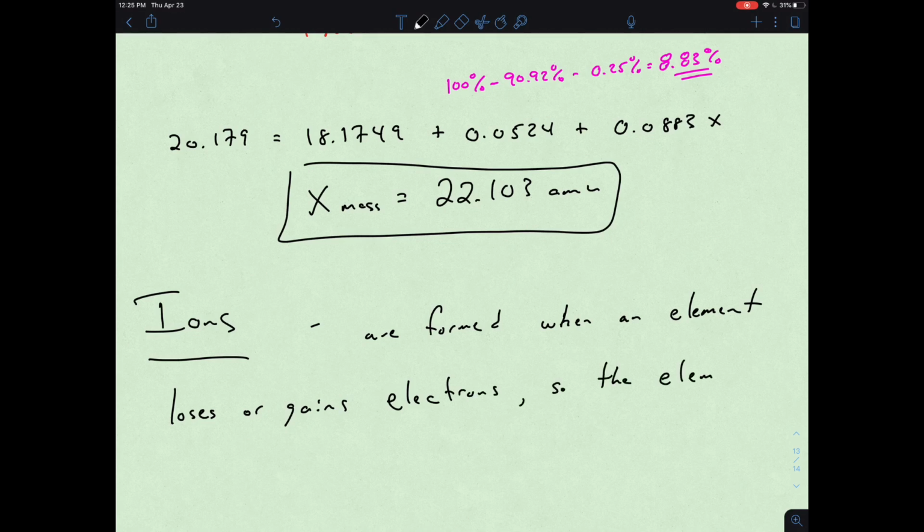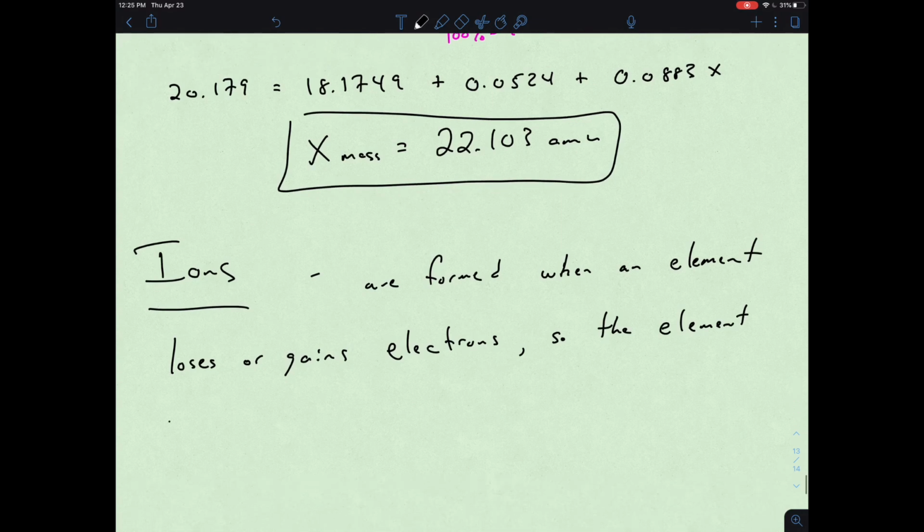So the element is no longer neutral. The number of protons does not equal the number of electrons.